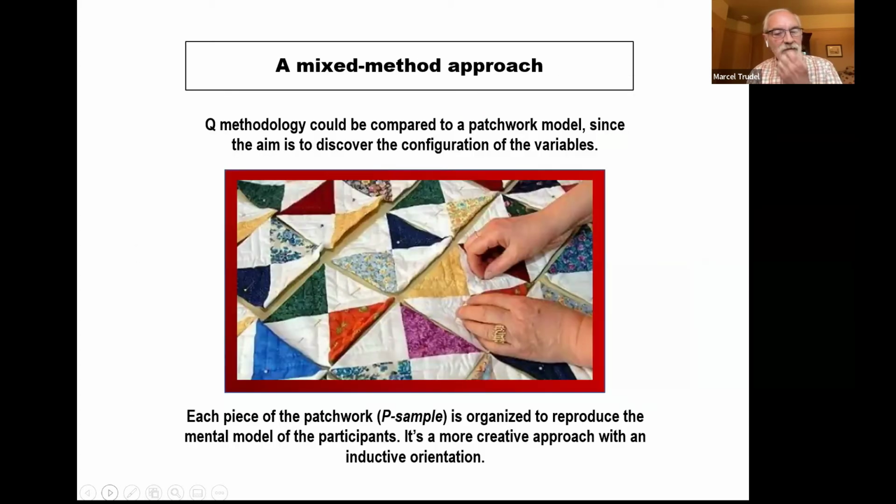I compared that to a patchwork. There are all the variables, but everyone creates their own patchwork. It's quite different. This is more like Q method. There's a more inductive orientation, and more creativity. That's what I liked in the Q method.